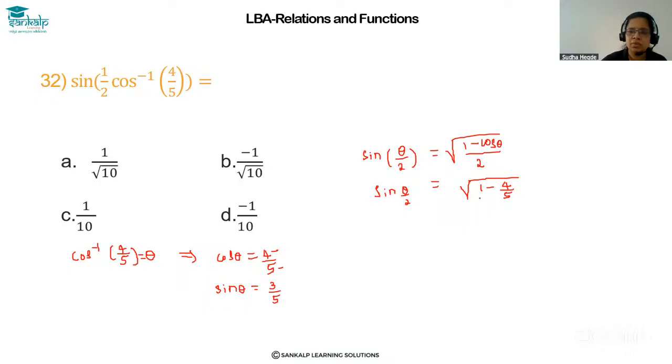4 by 5, that is whole divided by 2. So that is equal to square root of 5 minus 4 divided by 10.